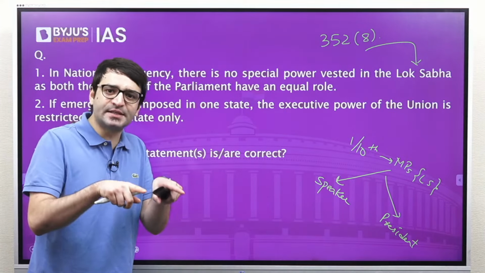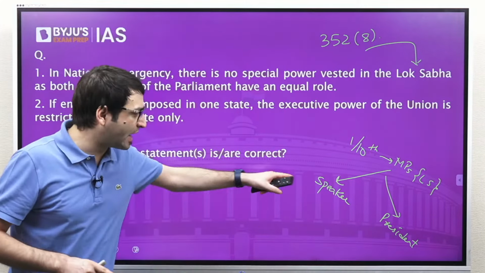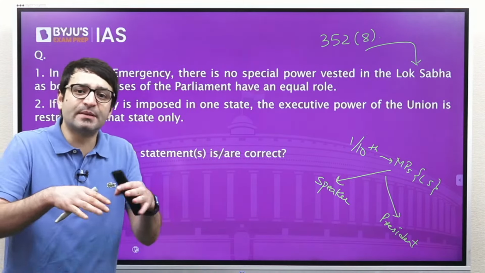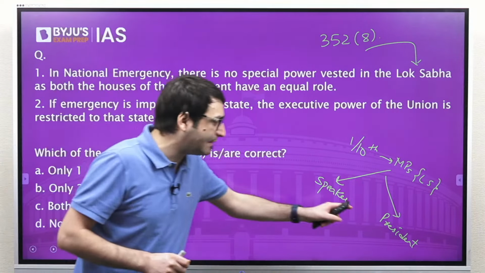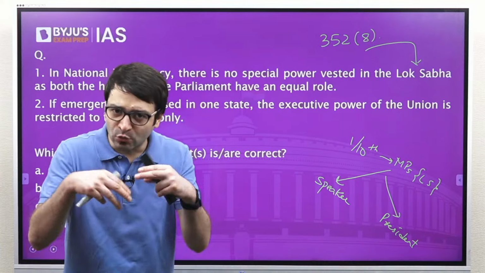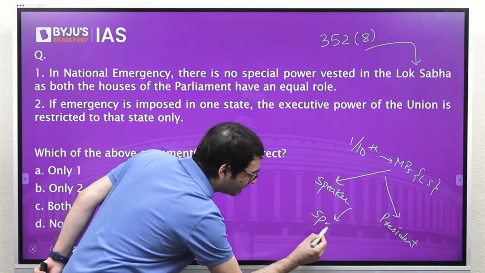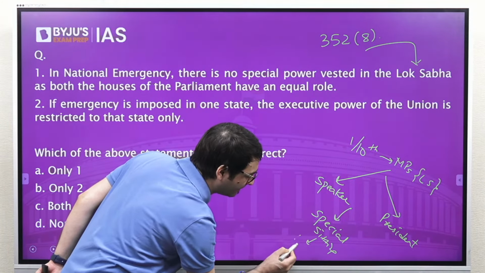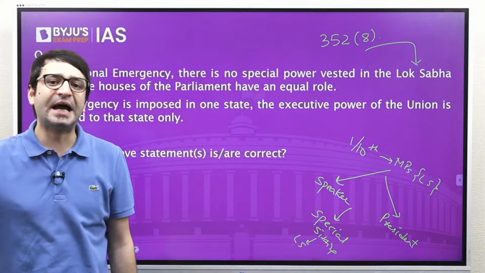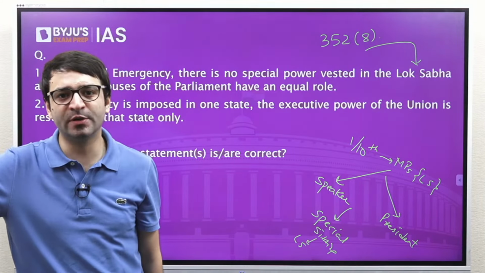If Lok Sabha is in session, 1/10 of the MPs of Lok Sabha will have to write to the speaker. If Lok Sabha is not in session, then 1/10 of the MPs of Lok Sabha will have to write to the president. And what is this writing for? That please convene a special sitting of Lok Sabha so that we can not continue with national emergency.